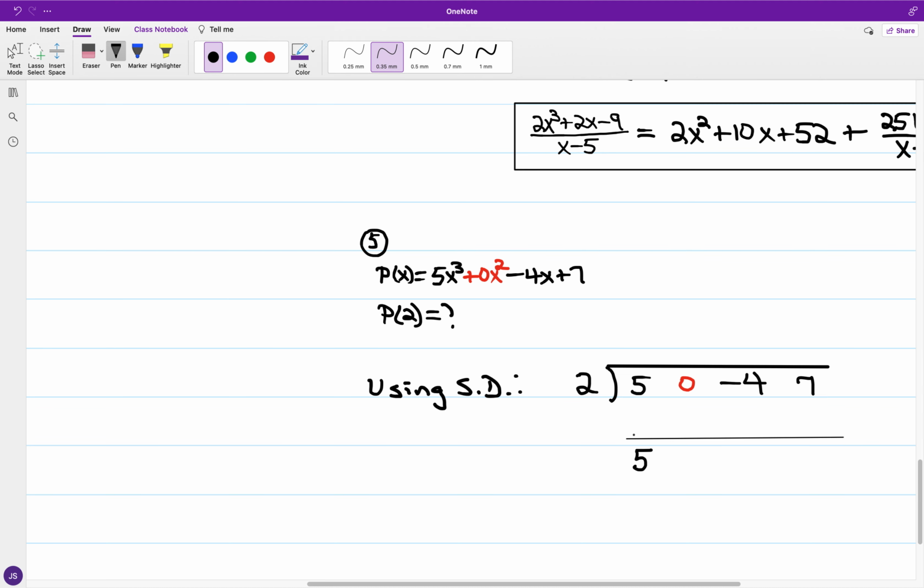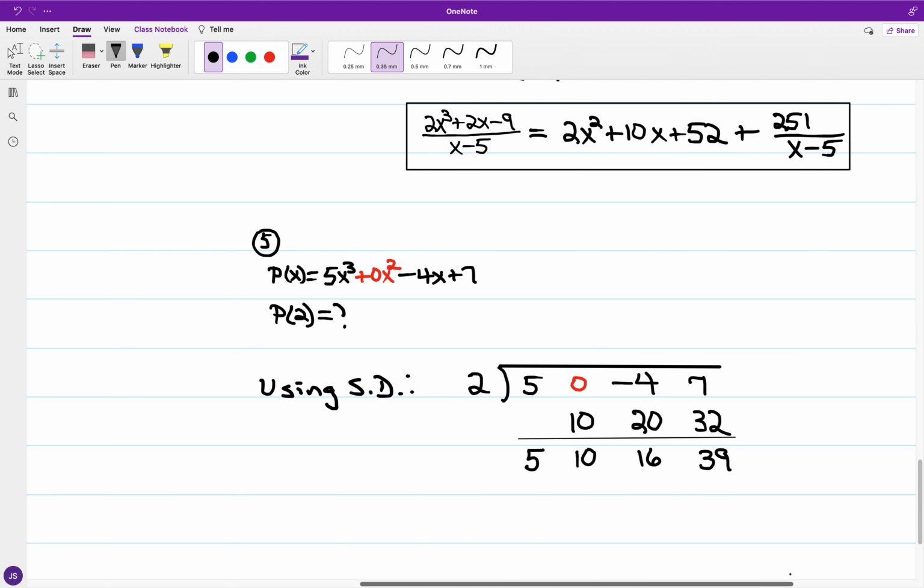So 5 is brought down. Now we got 2 times 5 is 10. This will be brought over to the next column, and we got 0 plus 10 is 10. Then we have 2 times 10 is 20, and negative 4 plus 20 is going to be 16. And 2 times 16 is 32, and 7 plus 32 is going to end up at 39.